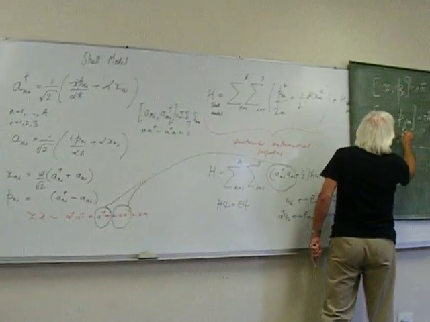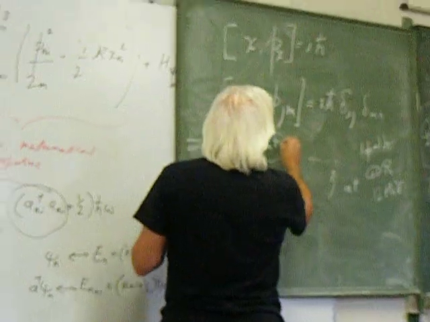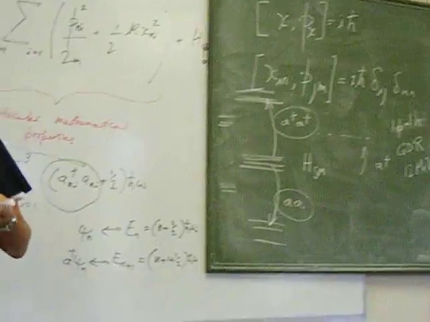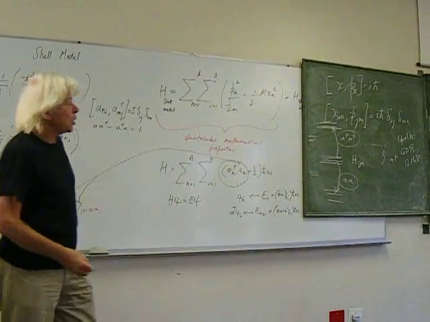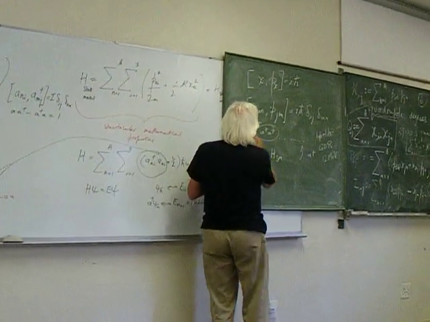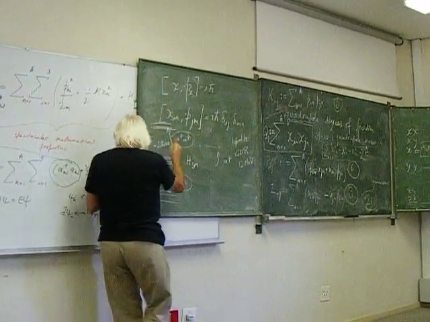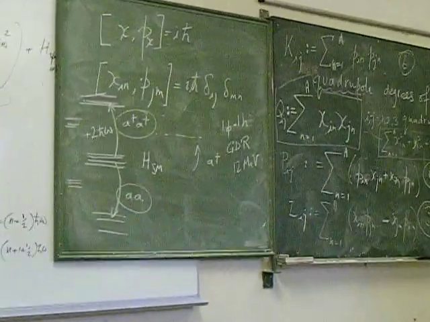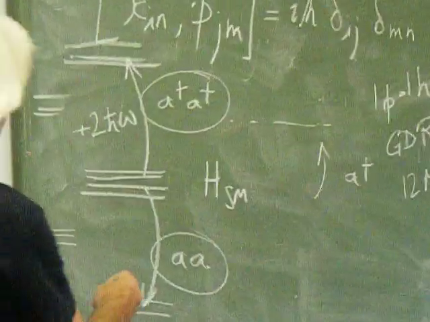But these are the double raising and lowering. And there are two giant modes of excitation, which are 2h bar omega. I'm going to call these plus 2h bar omega, double raising, so I'm going to be adding 2 of these quanta or subtracting.